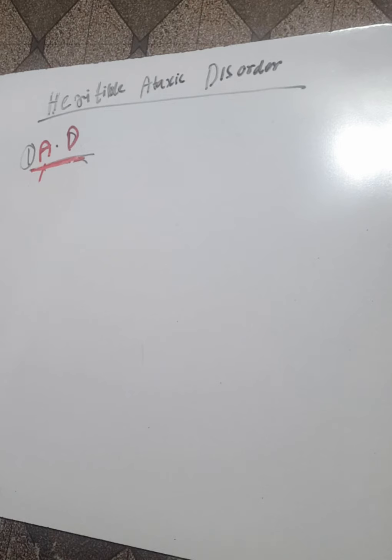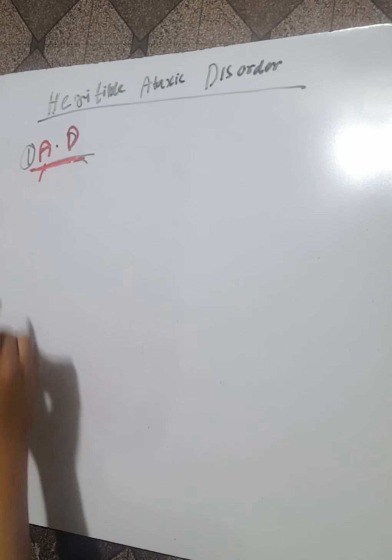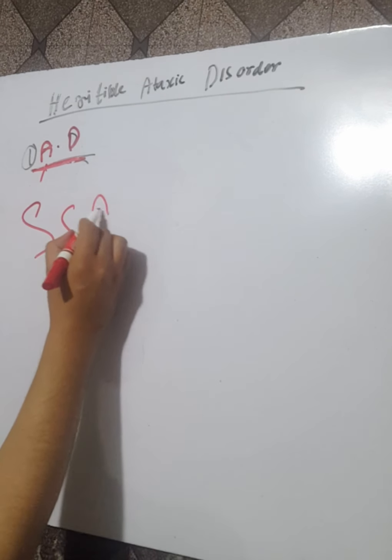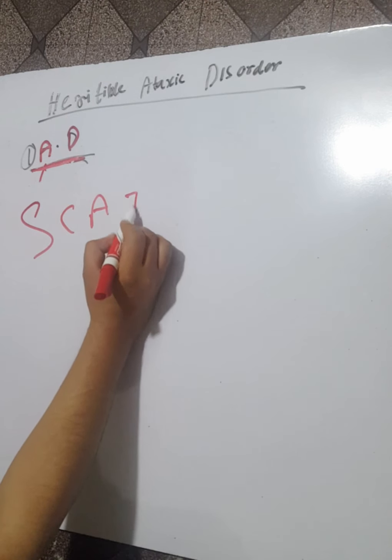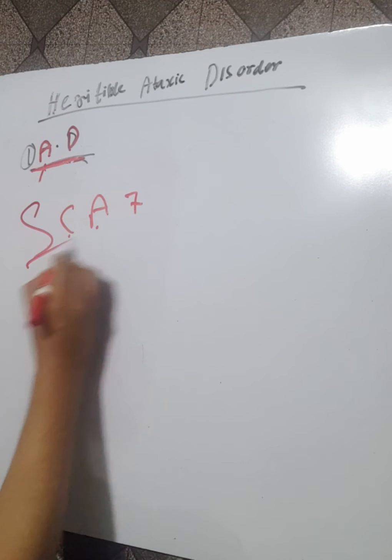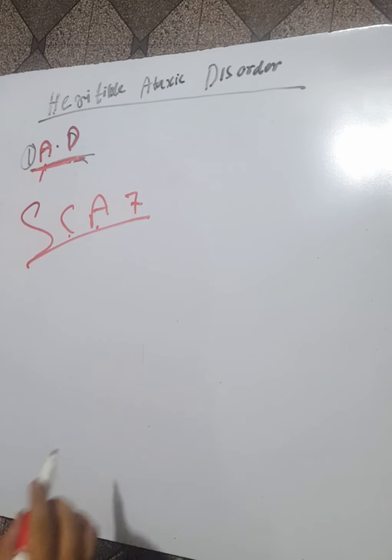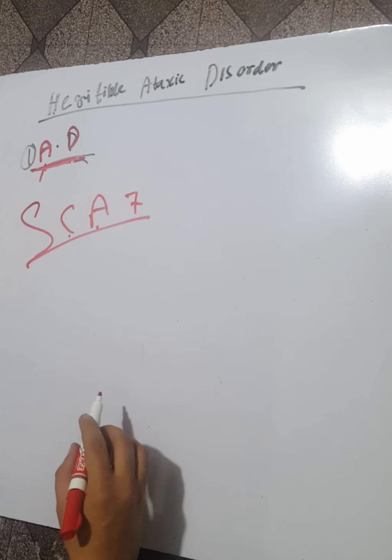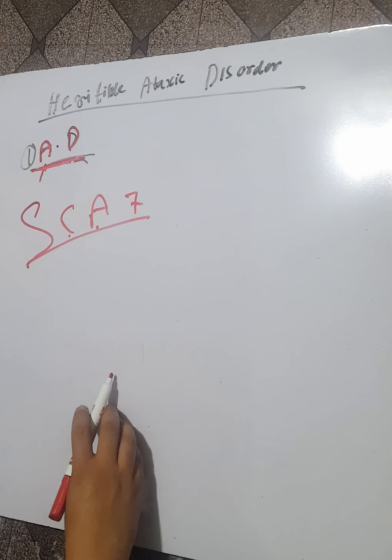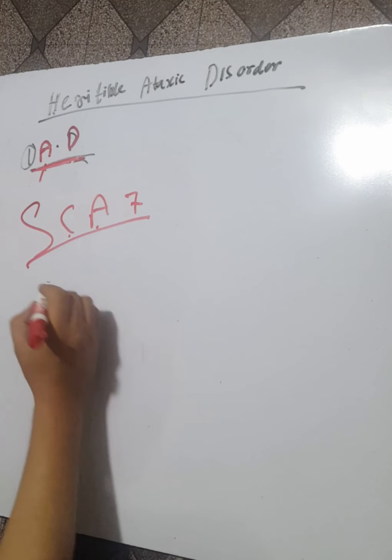Now we discuss SCA7, spinocerebellar ataxia 7. In SCA7, there is retinal pigmentary degeneration and macular degeneration.